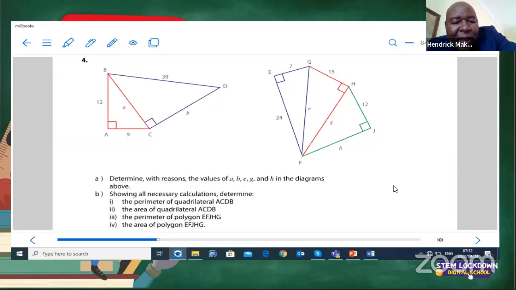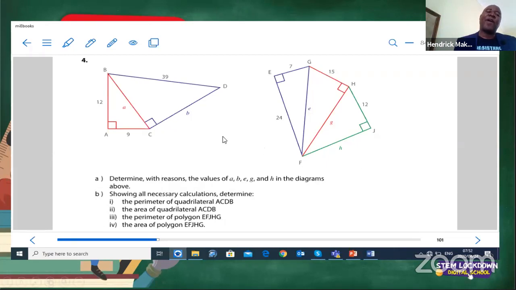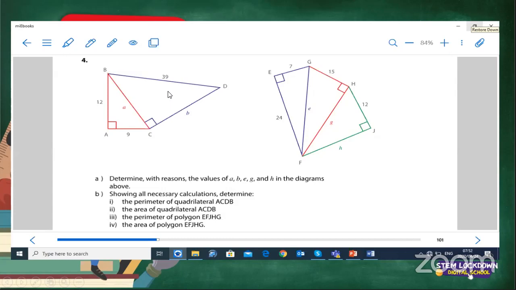Now, can you tell me, did you find the area as well? Not yet, sir. Not yet. All right, so to find the area, thank you very much indeed. Now, to find the area, you just have to calculate the area of triangle ABC and the area of triangle BCD.